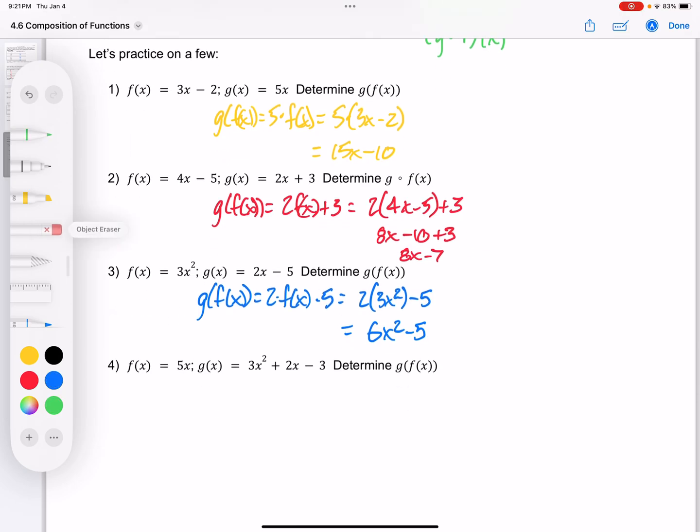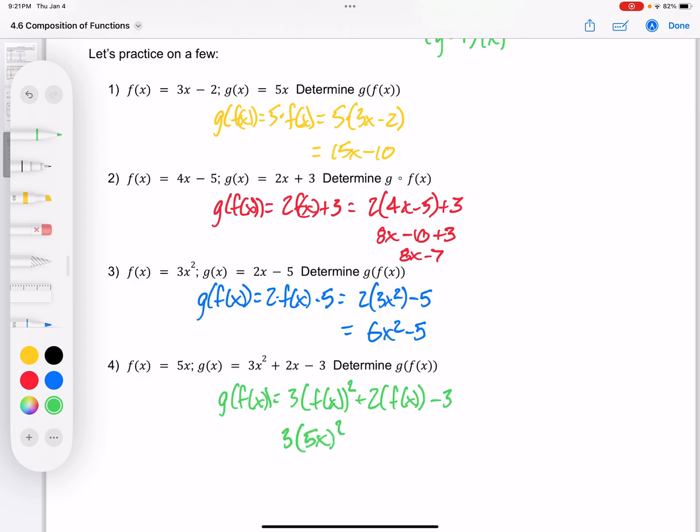And then our last one, and again, pause on all these if you want to. We're going to do g of f of x. That's going to be equal to 3 times f of x squared plus 2 times f of x minus 3. All right, so we got to plug f of x in twice in this case. So that's 3 times f of x is just 5x.